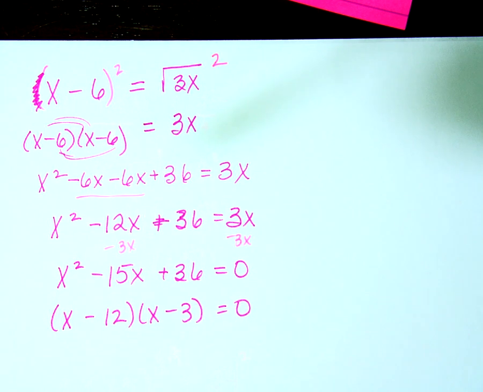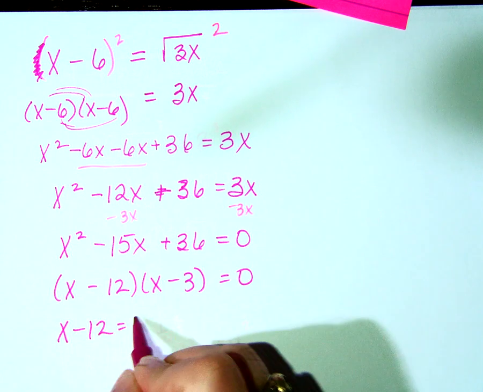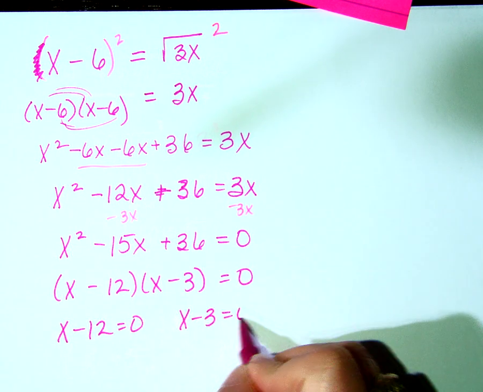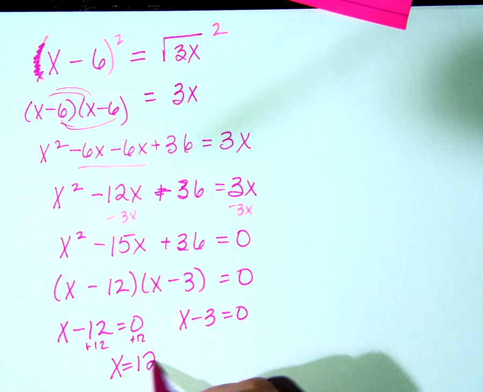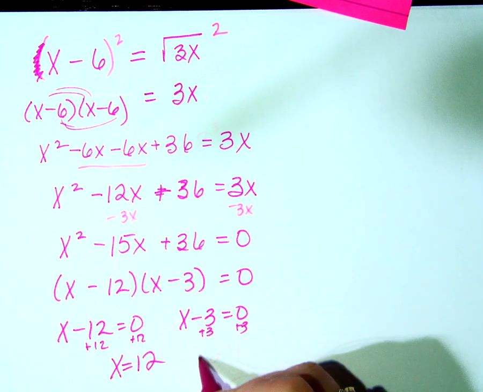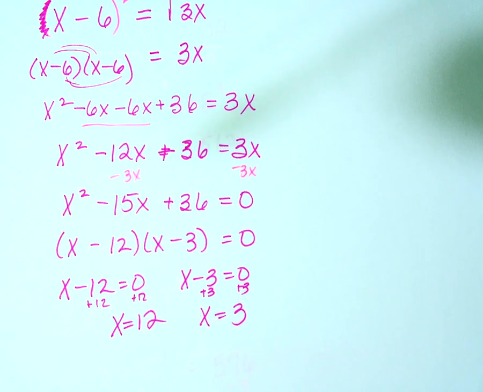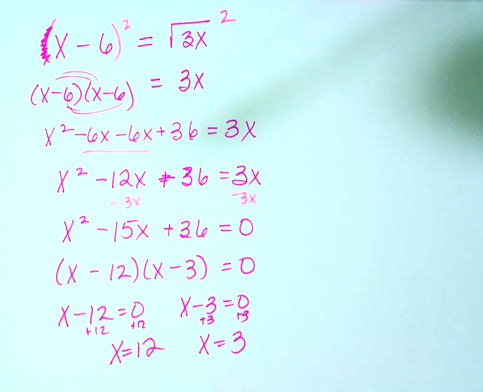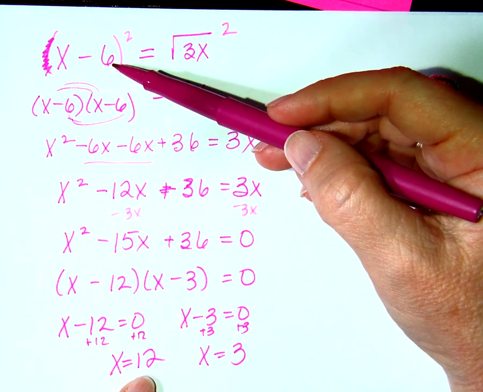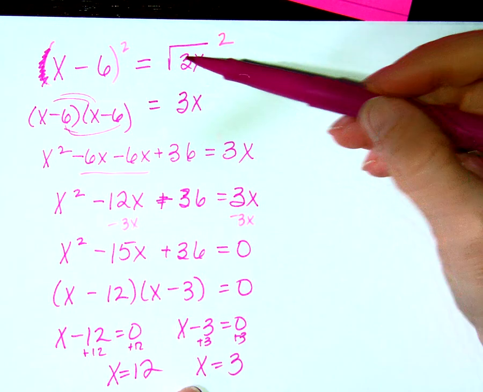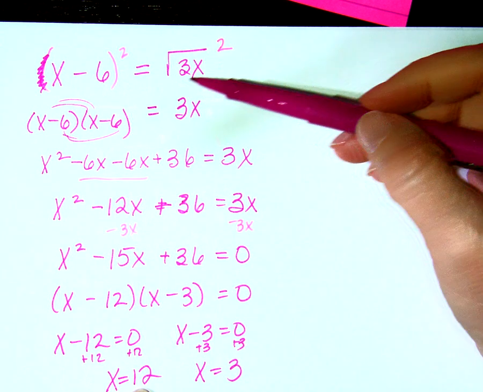Zero product property says what? Set them both equal to 0. So x equals 12 and x equals 3. Are they right? Check. 12 minus 6 is 6. 3 times 12 is 36, the square root of 36.